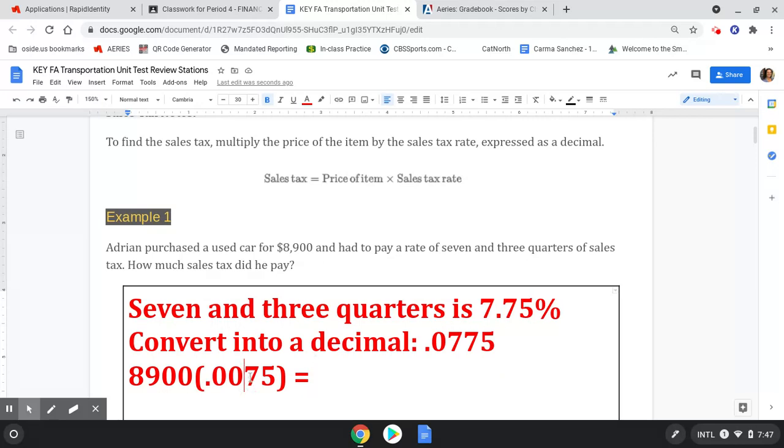Oh, just kidding, guys. How about we do it correctly? 8,900 times 0.0775 gives us 689.